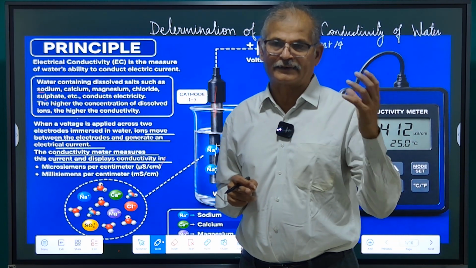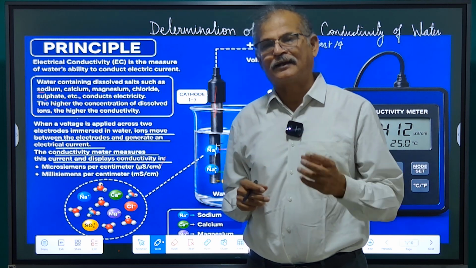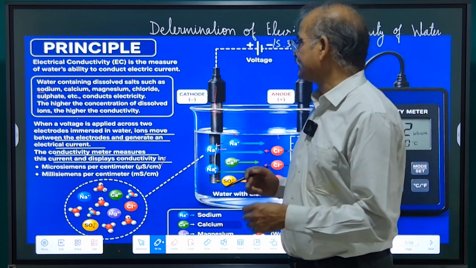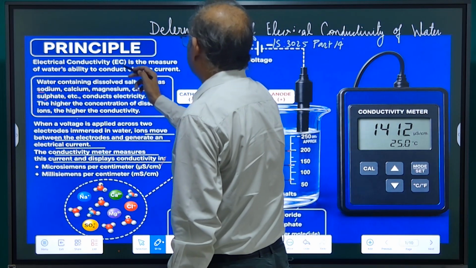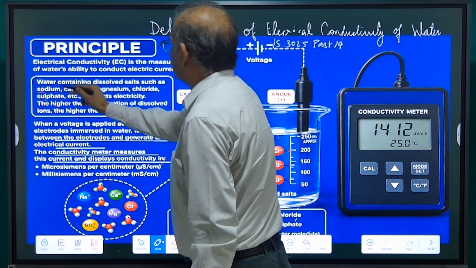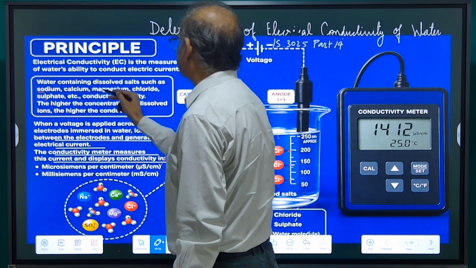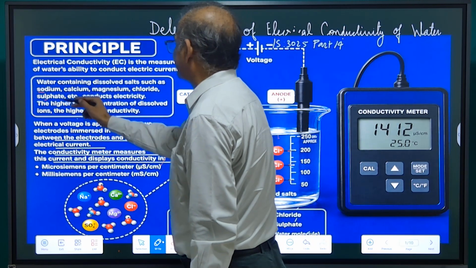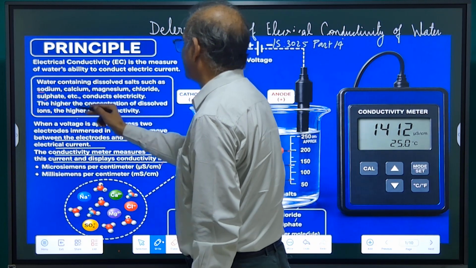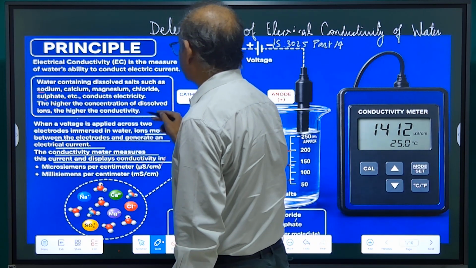Electrical conductivity is measured in microsiemens per centimeter or millisiemens per centimeter. It is the measure of water's ability to conduct electric current. Water containing dissolved salts such as sodium, calcium, magnesium, chloride, sulfate, etc. conducts electricity. The higher the concentration of dissolved ions, the higher the conductivity.